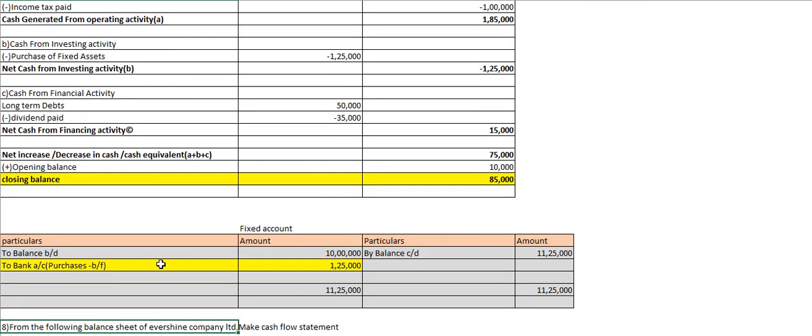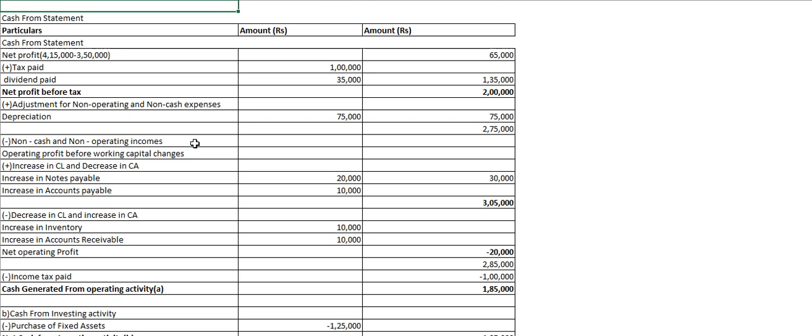It is a debit balance because it's an asset account. To balance brought down is 10 lakhs, by balance carried down is 11,25,000. So you have a balancing figure of 1,25,000, which is nothing but to bank account, which you consider as purchase because it is to bank account. Now let's start with our cash flow statement.